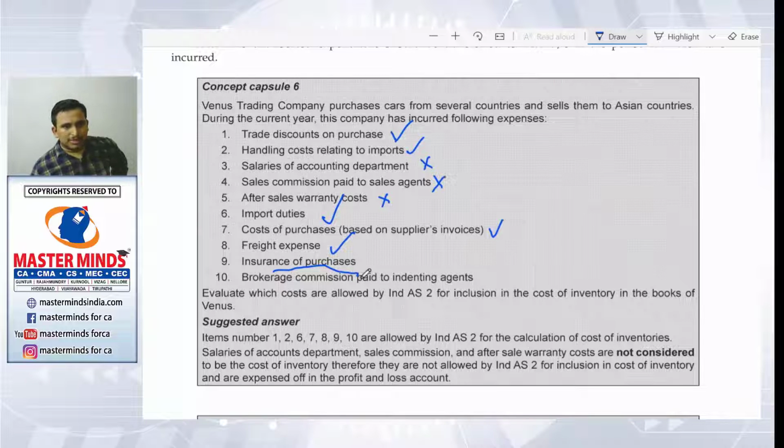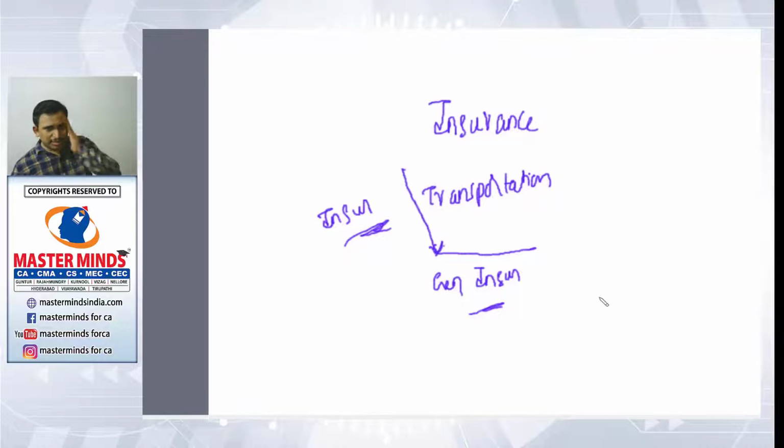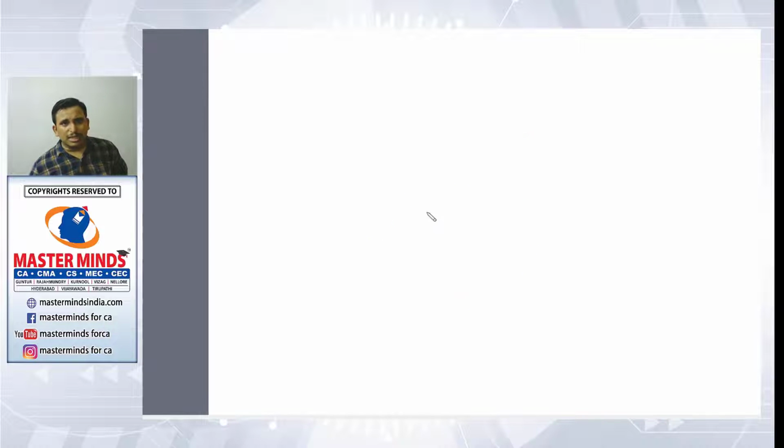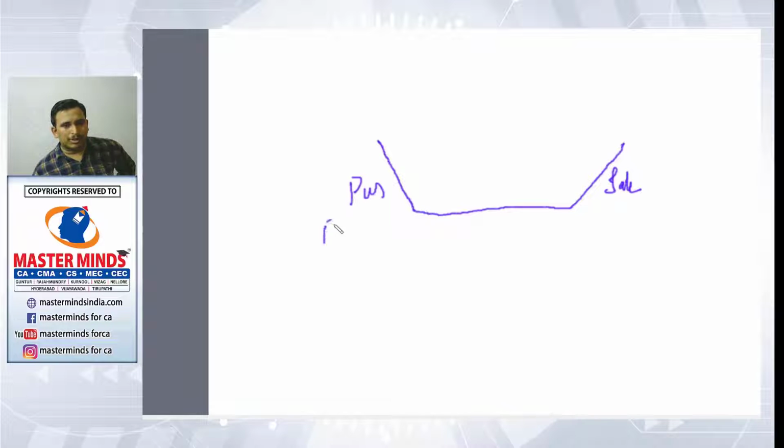The next one, brokerage commission paid to indenting agents. Sir, will we consider this? Once again, the point is the same. Whenever I say brokerage, it can be of two types, both for purchase and sale. For sale you require brokerage. For purchase also you require brokerage. Am I right or not?